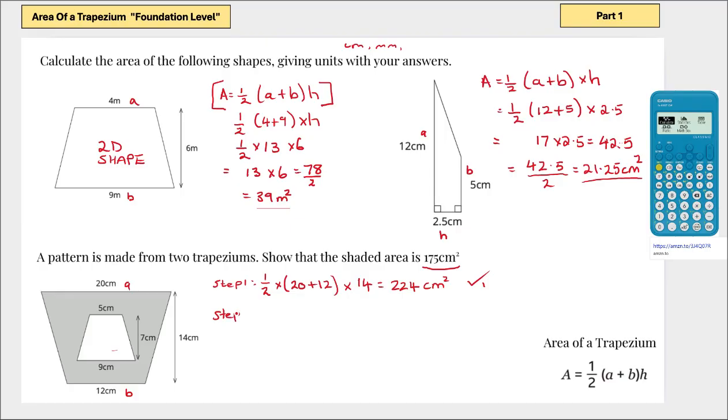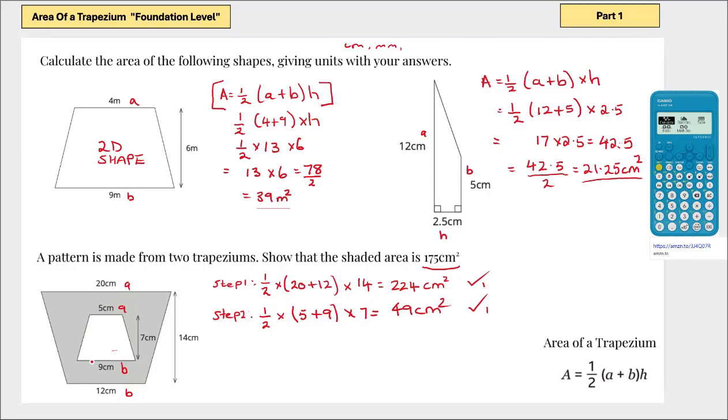We're going to do exactly the same, but to the smaller area this time. So we've got a half times, let's call that our A and B. Didn't really need to do that, but why not? 8 plus 9 times 7. Whack it in the calculator and that will spit out 49 centimetres squared.